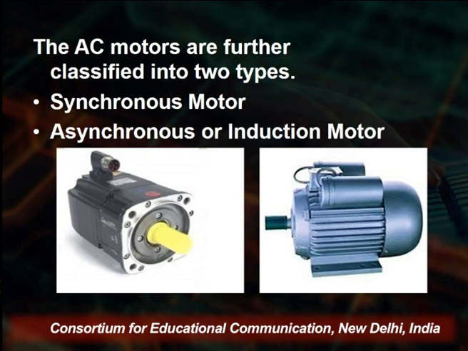Now the AC motors are further classified into two types. First is the synchronous motor and second is the asynchronous or induction motor. On the screen you are seeing motors that you have most commonly seen in your houses, industries and offices, so these are in general use in daily life. Here we discuss AC motors in two parts, synchronous and asynchronous or induction motor.